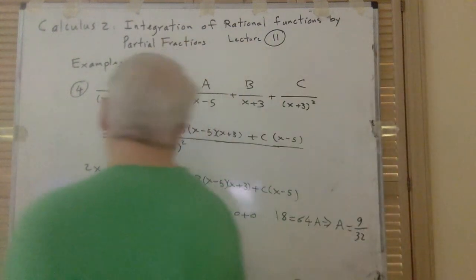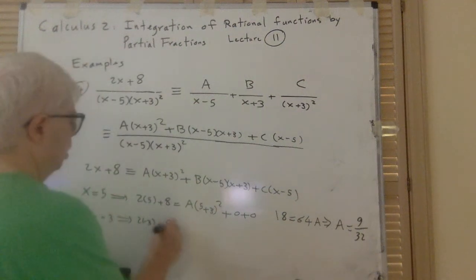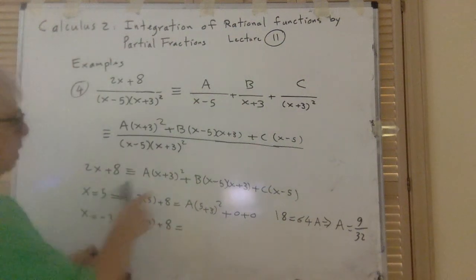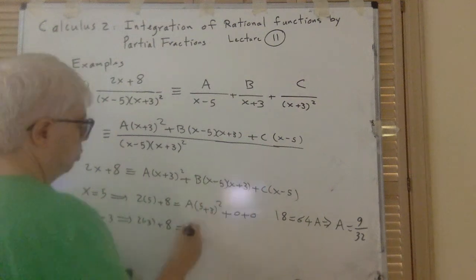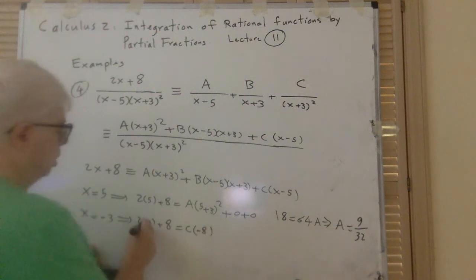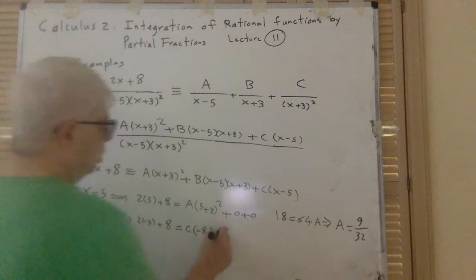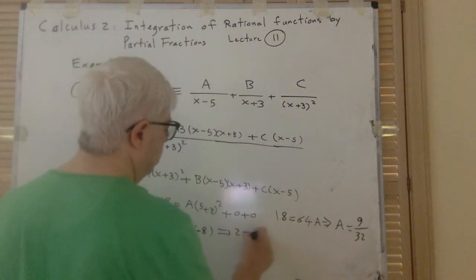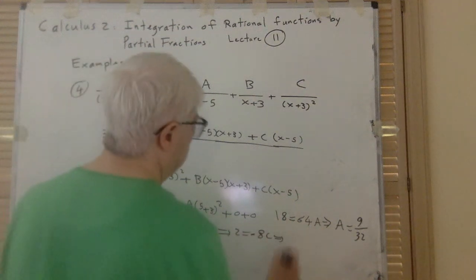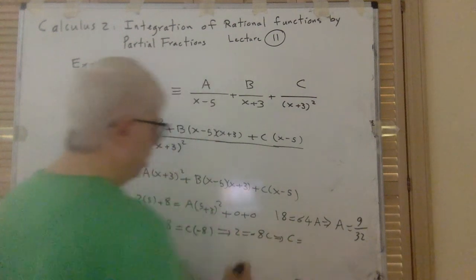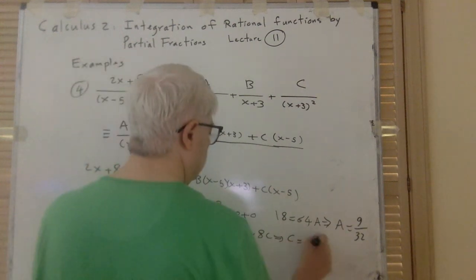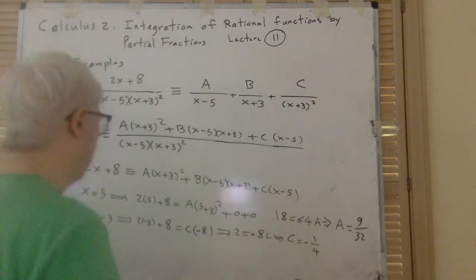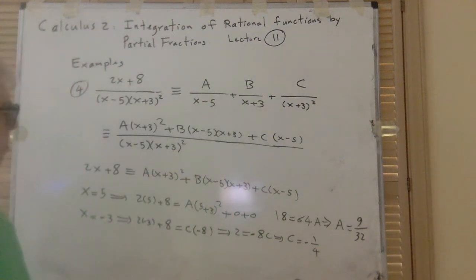Okay. 2 times negative 3 plus 8, when x is negative 3, this is 0, this one remains. So that is C times minus 8. So this is 6, 2, so that gives me 2 equals minus 8C, and that gives me C is minus 1/4. What would happen?